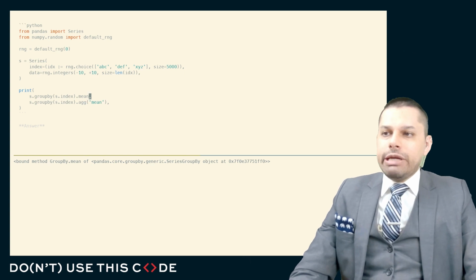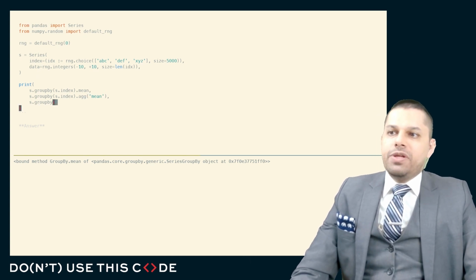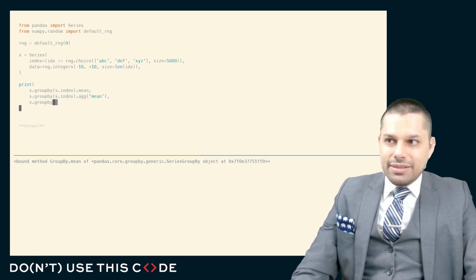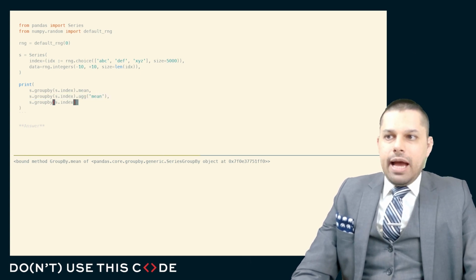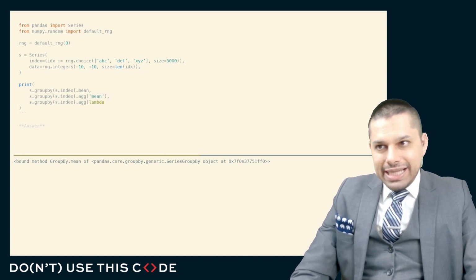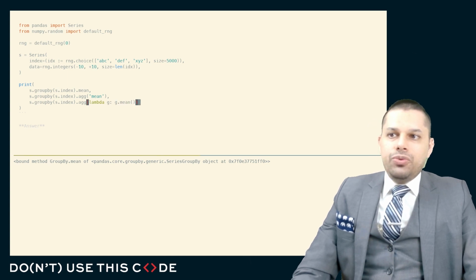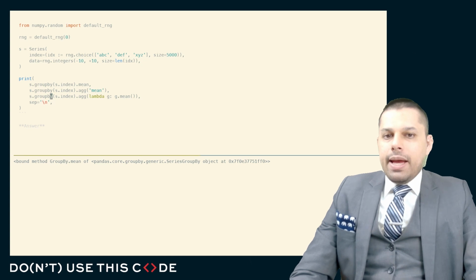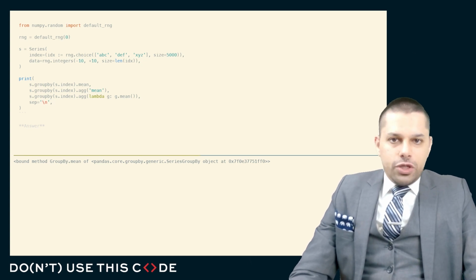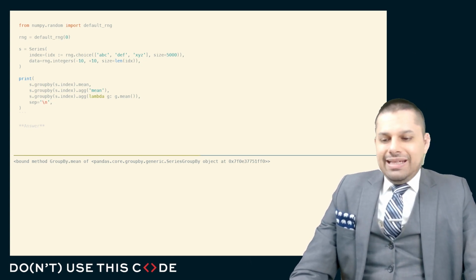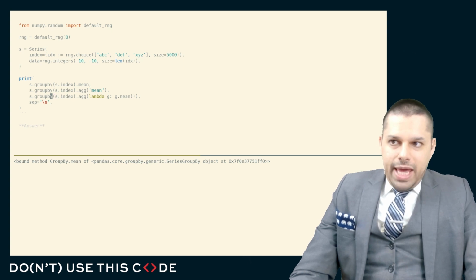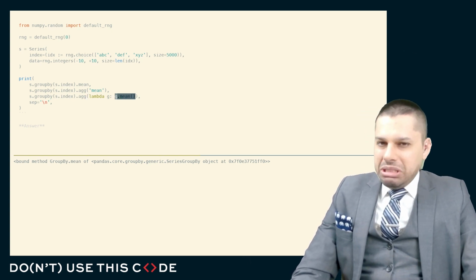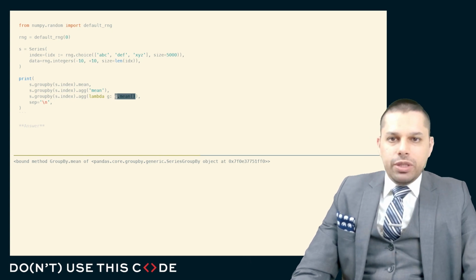However, there is a meaningful difference between .mean, .agg mean, and a .agg where we pass this a lambda and do the mean here. And the reason why there is a meaningful difference here is, fundamentally, Python functions are opaque. There's enough dynamic behavior in Python that we never really know what g.mean actually means until we execute this code.